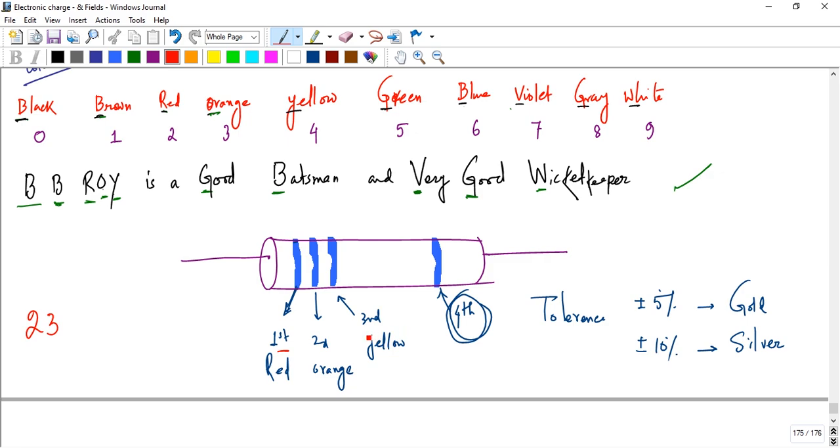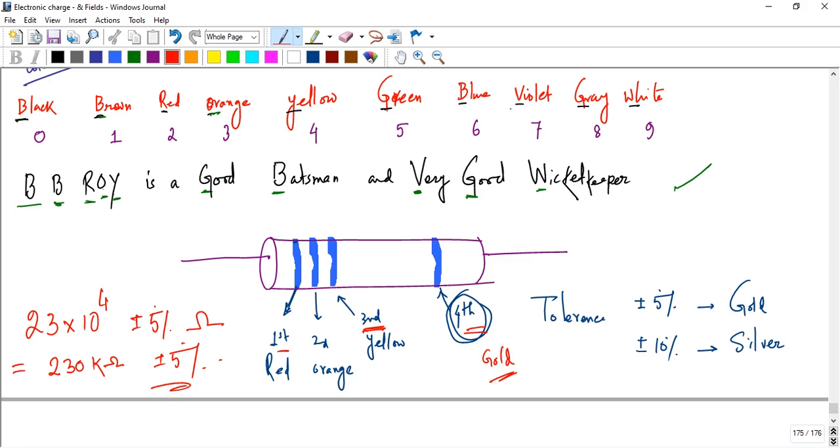And the third color is the power of 10: yellow means 10 to the power 4. If the fourth band is gold, that is plus minus 5% tolerance. So finally we get 230 kilo ohm plus minus 5%, up and down.